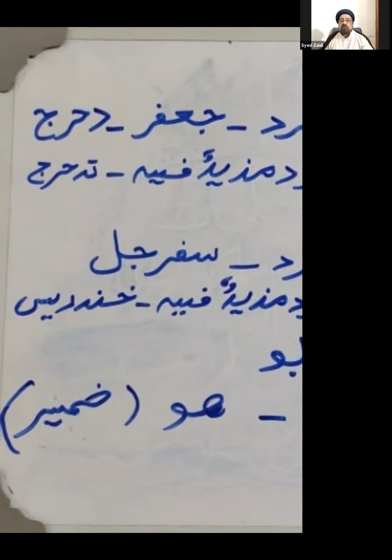Similarly, there's another word, Dahraj. This Dahraj also consists of four letters from a four-letter root word. Therefore, it's called Rubai Mujarrad. Then we move on to the next category.